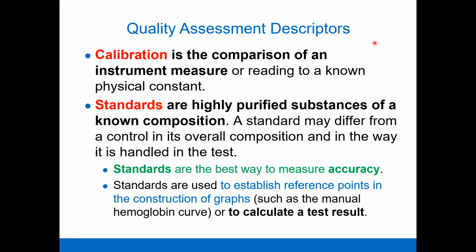Standard may differ from a control because the level of the control is also known. However, the standards may differ from the controls. Okay, and the standards are the best way to measure the accuracy.